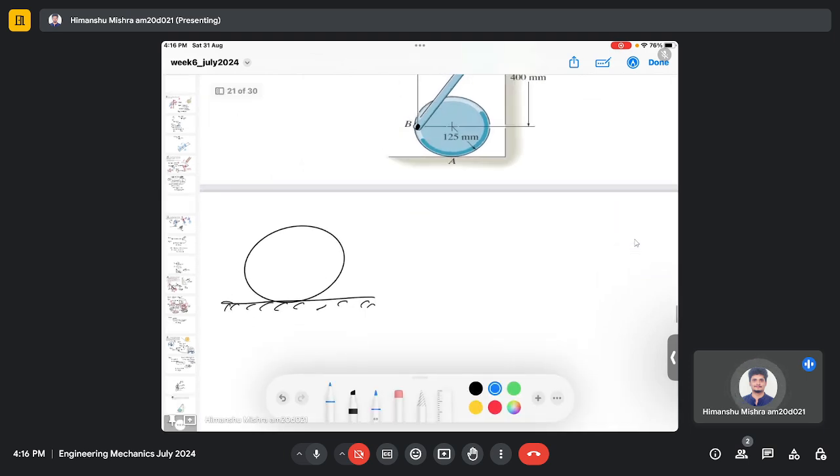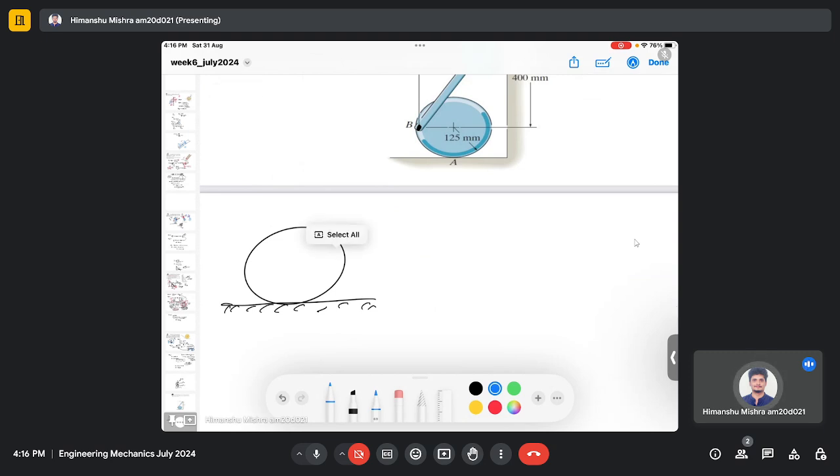And from the free body diagram, here there will be a friction force acting, let's say Fa, and here the normal reaction is Na. Now it is connected to a pin joint at point B, so there will be horizontal and vertical reaction forces, as we saw in the week 2 and week 3 tutorials when we were solving trusses and equilibrium equations, and also when we solved the beam problems in tutorial 4, week 4.